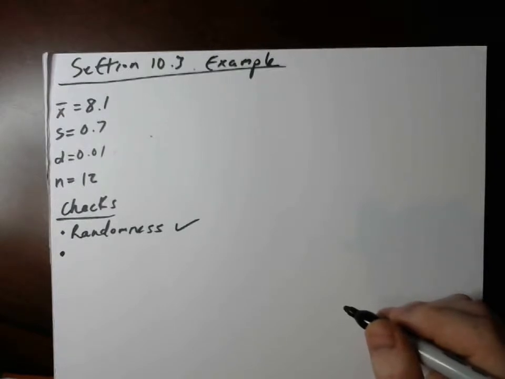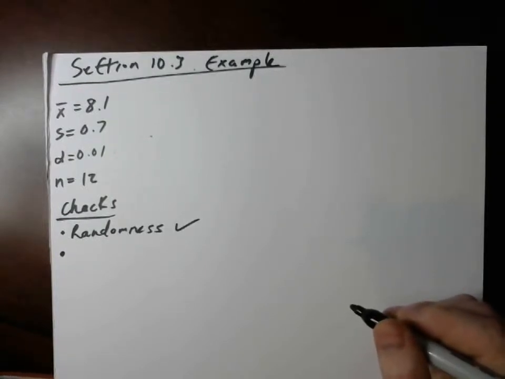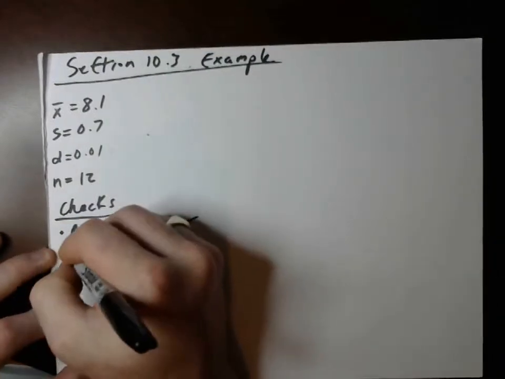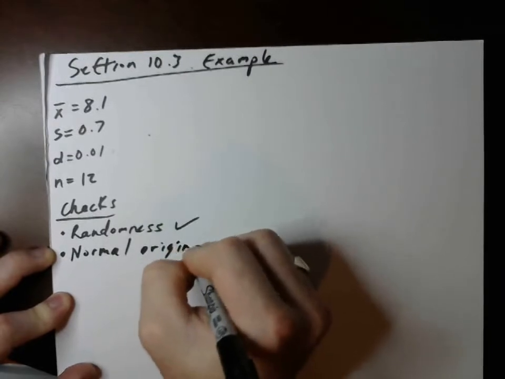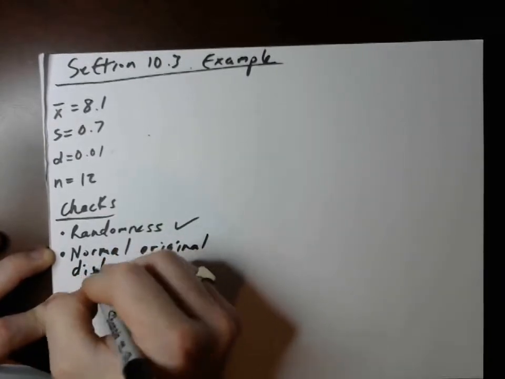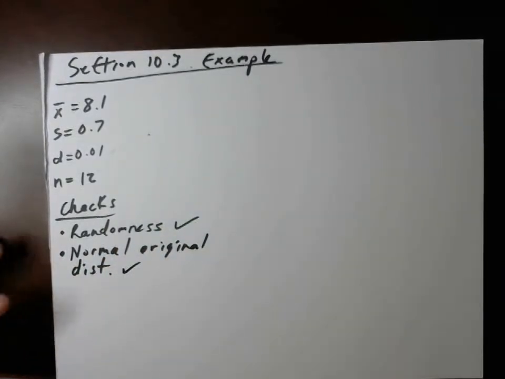So as you can see here in the problem, it says, an analysis of the sample data revealed that the hippocampal volume is approximately normal. It tells us it's normal. So, normal original distribution. It says it in the problem.